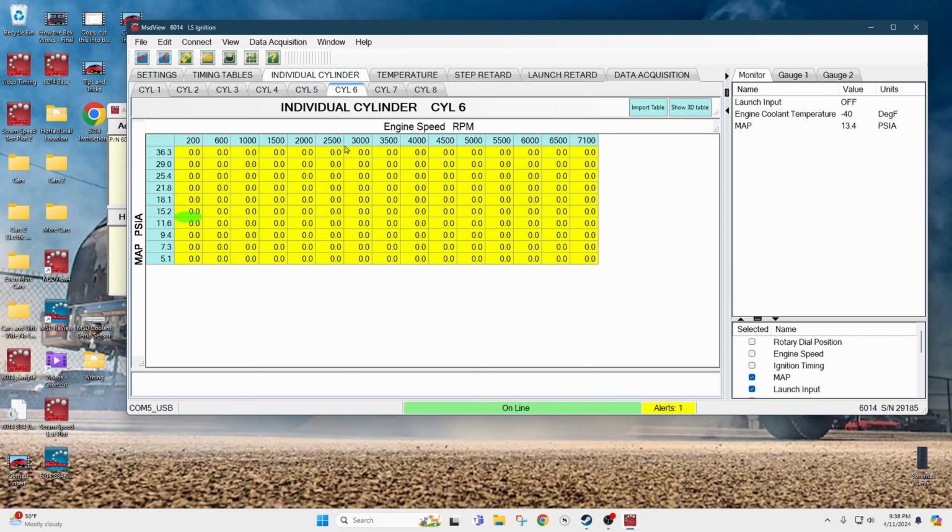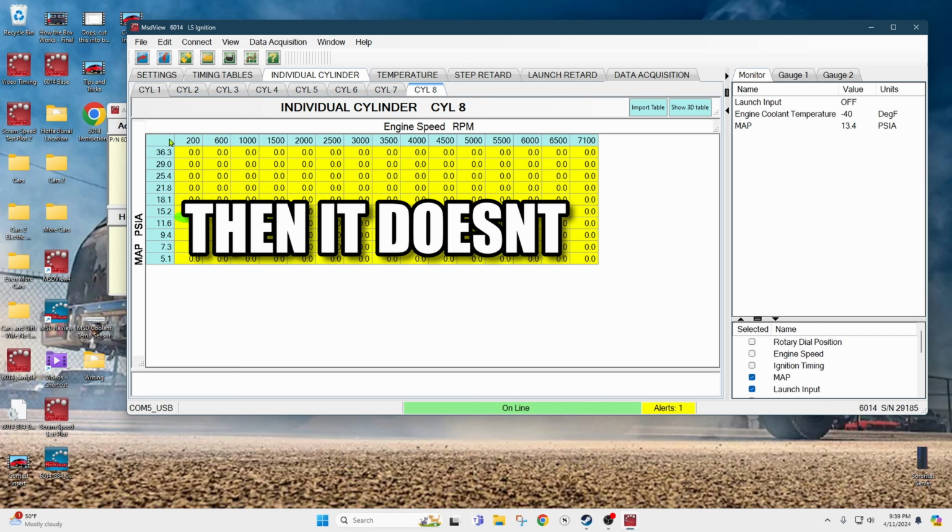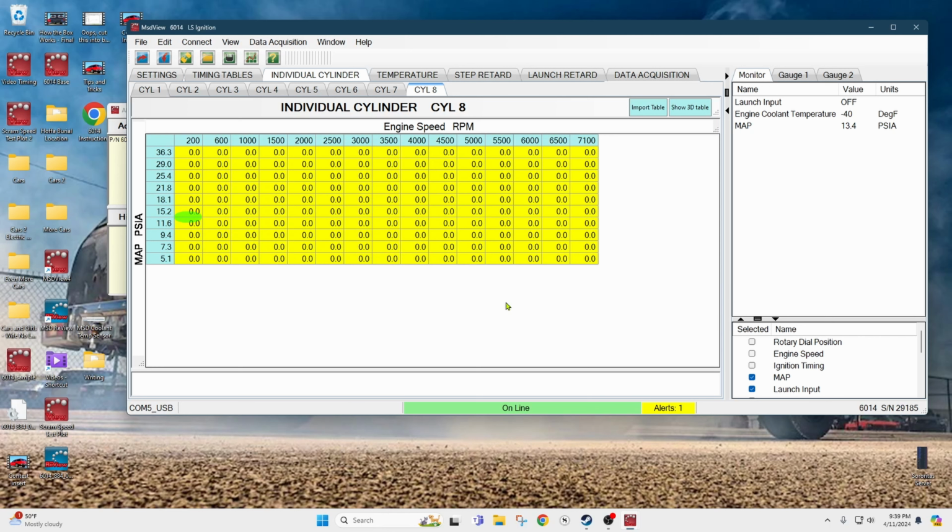You just go above the RPM that you want to make the change at, and you do every column. You'll fill in every single one of these with the number you want to pull. Say you want to pull 2 degrees out of cylinder 8 above 3,000 RPM. You would go to this whole grid right here, and you would just pull 2 degrees out of every single one of these boxes, and then it doesn't matter what your MAP reads. It's going to pull that timing like you ask it to.